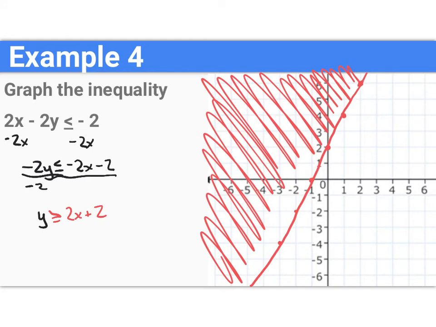And that's how you graph linear inequalities. So those were our 4 examples. We looked at a greater than, a less than or equal to, and a greater than or equal to. So we looked at the 4 kinds. So please work on the practice problems, and I will see you at the end of the video for a recap.